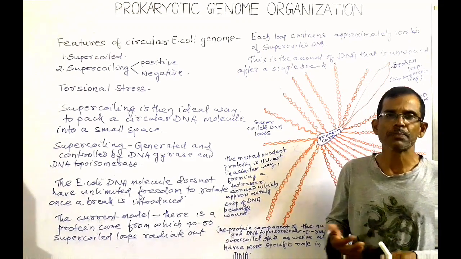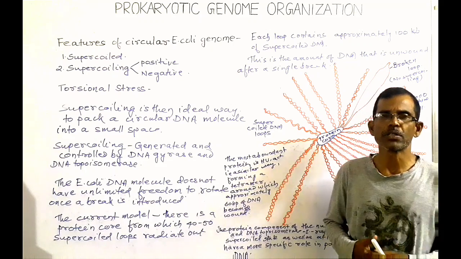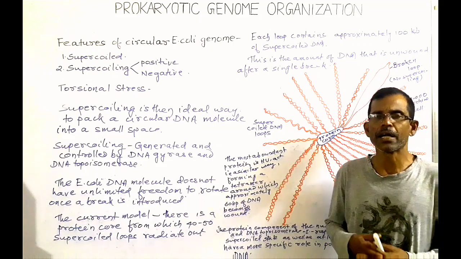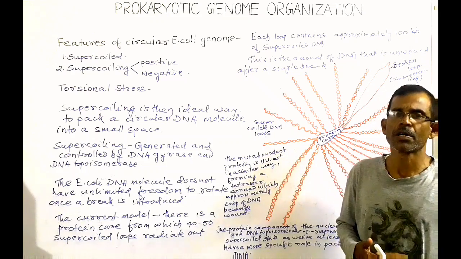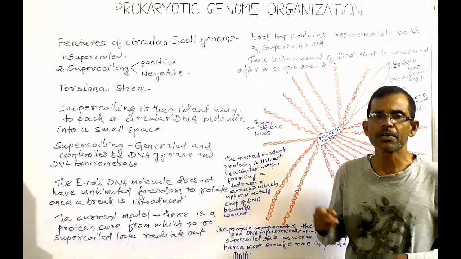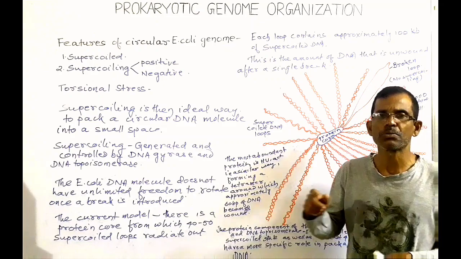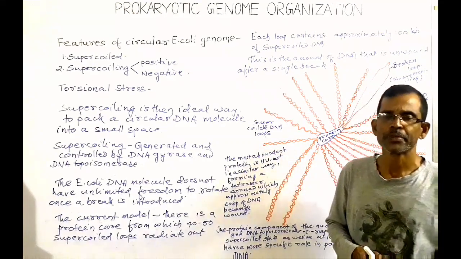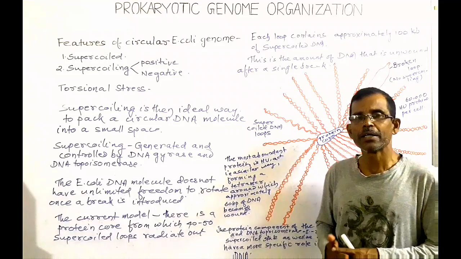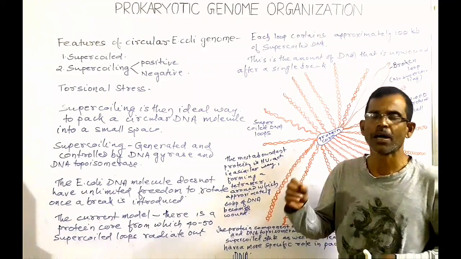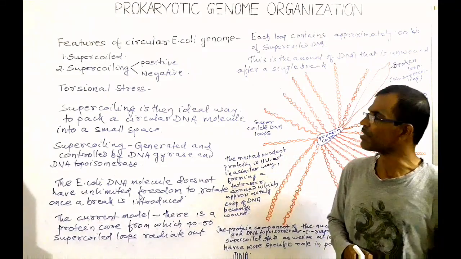There are two types of supercoiling, positive supercoiling and negative supercoiling. Positive supercoiling occurs when additional turns are introduced into the DNA double helix. Negative supercoiling can develop when turns are removed from the DNA double helix.